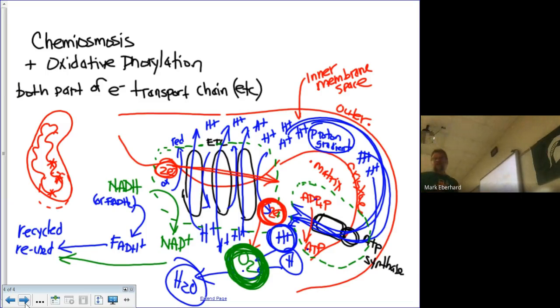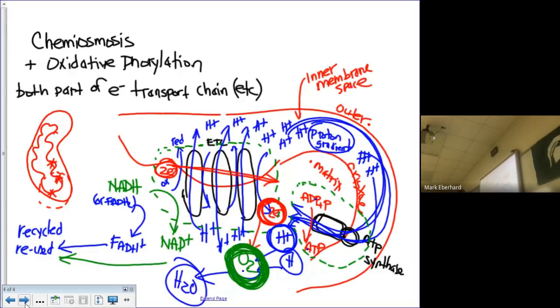So let's do some accounting, just like we've been doing. Okay? Didn't leave much room for accounting. I'm going to erase this diagram here just so I can do my accounting.